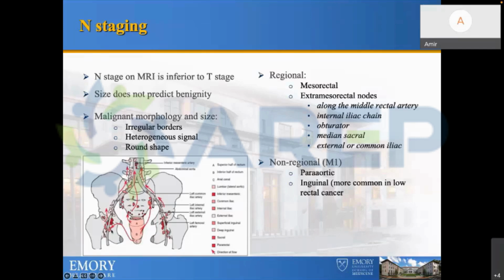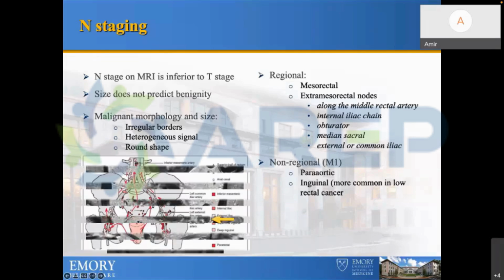So C goes to the inguinal lymph nodes. That's the way the lymphatics drain in the low rectum. So low rectal goes to the inguinal, A goes to the peri-aortic, and the mid rectal tumors go to the internal and external iliac chain. So remember that drainage pathway.